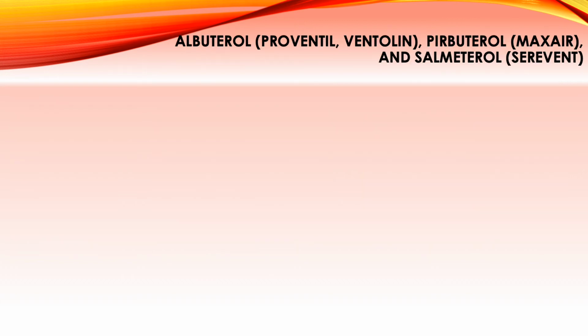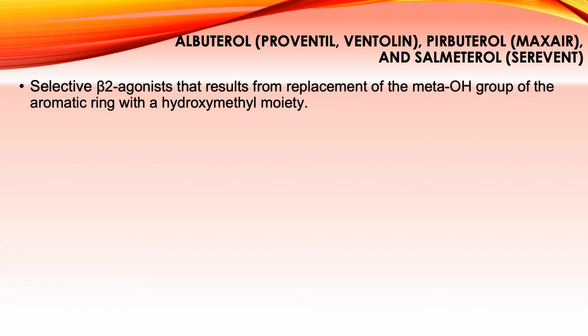So for your activity in this section, please look for the structures of albuterol, formoterol, and salmeterol. These are selective beta-2 agonists that result from replacement of the meta-hydroxyl group of the aromatic ring with a hydroxymethyl moiety.